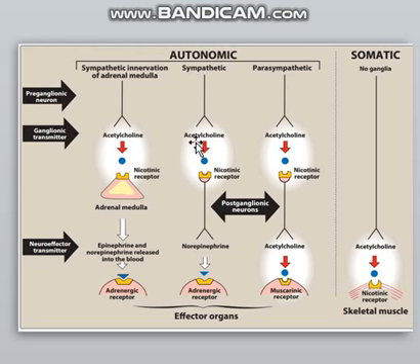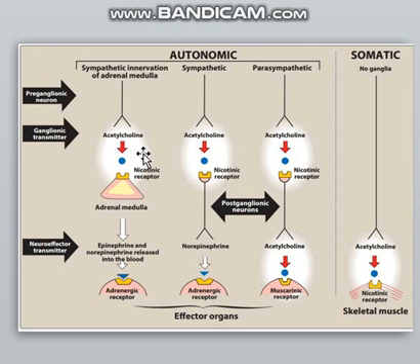This is a diagrammatic form showing where acetylcholine is released and where noradrenaline or epinephrine, the other adrenergic neurotransmitters, are released. In skeletal muscles, in the somatic system, only acetylcholine is released.